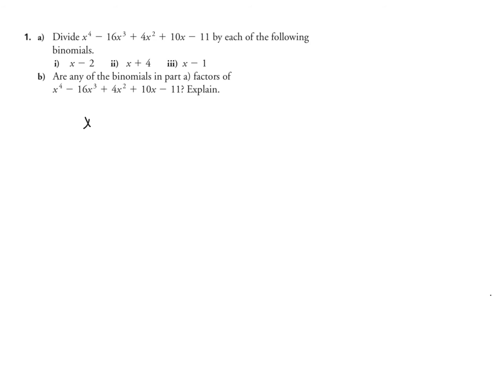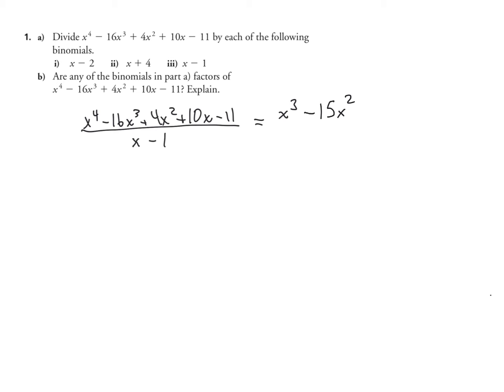So you've got x to the 4 minus 16x cubed plus 4x squared plus 10x minus 11. Don't worry about brackets, I'll just do it, divided by x minus 1, and that is equal to x to the power of 3. I know that x to the power of 3 times minus 1 is negative x to the 3, so I'm going to need another 15 x to the 3's, so negative 15x squared.